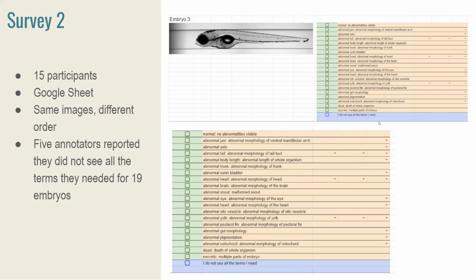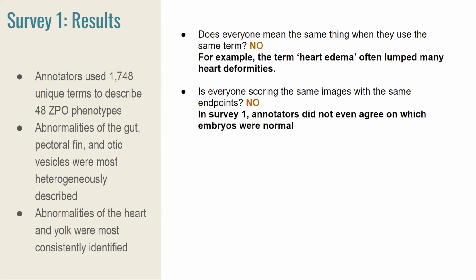And 5 annotators reported that they did not see all of the terms that they needed in order to fully annotate 19 of these embryos. And that's very interesting considering that these terms came from the answers that they gave in survey 1. And I'll talk more about that later.